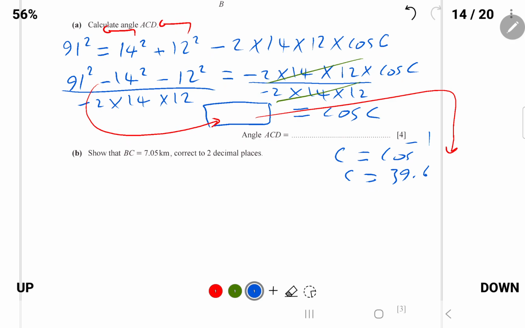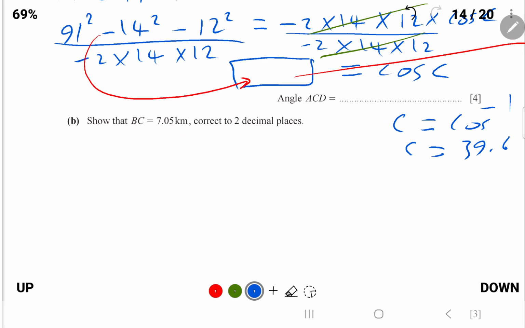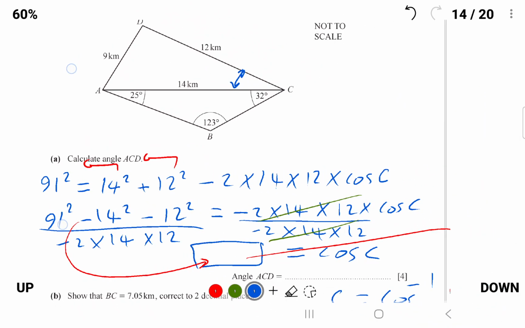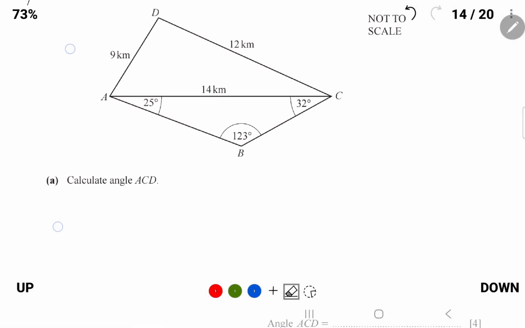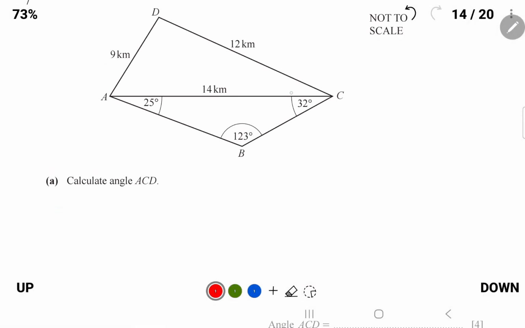Now question B, show that BC is 7.05. You have to calculate BC. So as we said, this angle here is 39.6.